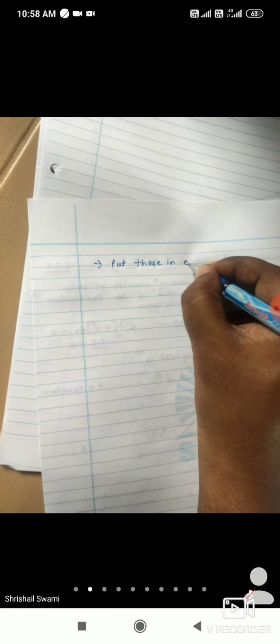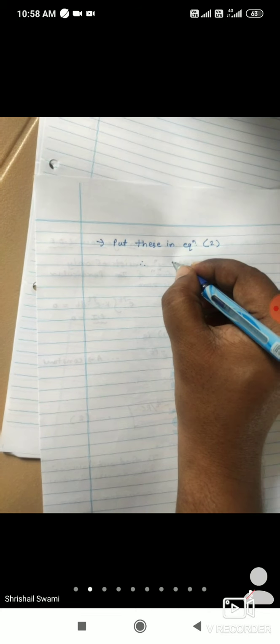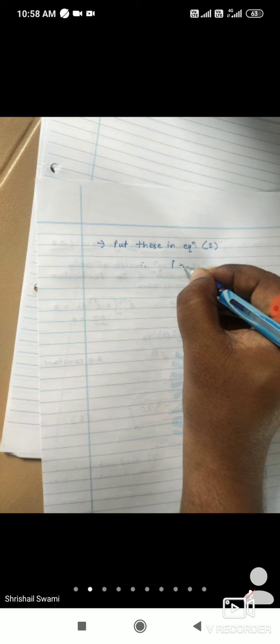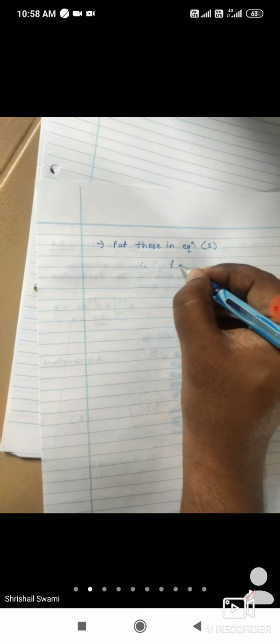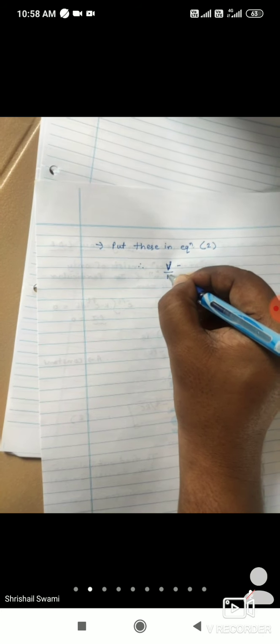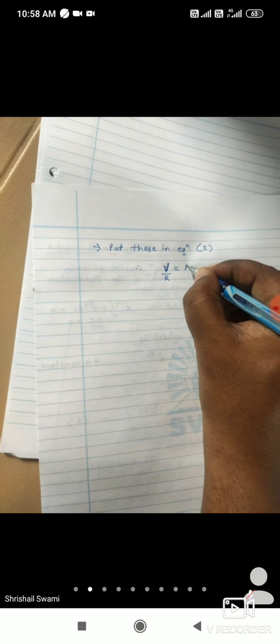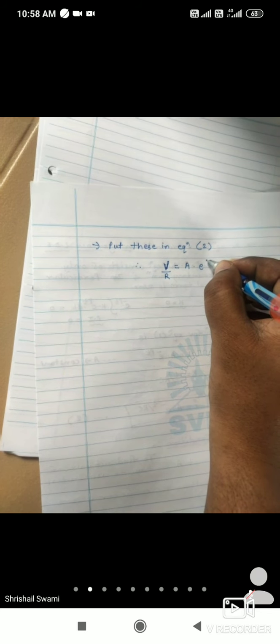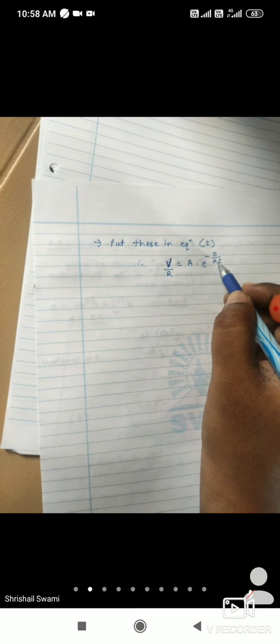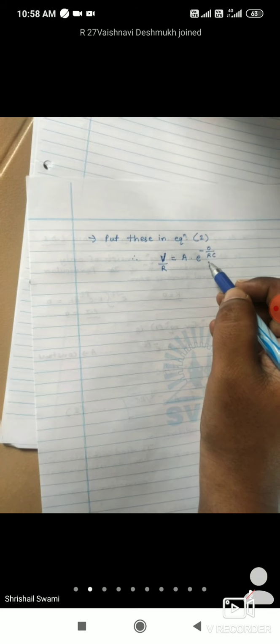Okay, so I is replaced by V by R. V by R is equal to A into e raised to minus t, t is replaced by 0, divided by RC. So minus 0 divided by RC means it will give e raised to 0. E raised to 0 is always 1. So what is the value of A? A is nothing but V by R.